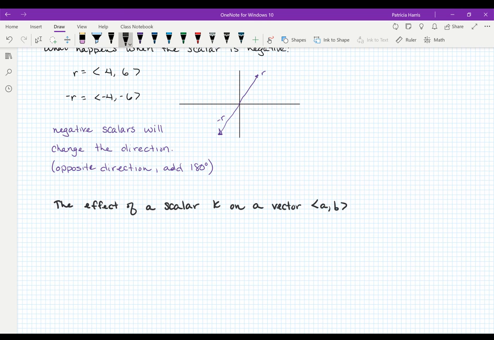So if k is greater than 1, it's going to lengthen the vector's magnitude by a factor of k.